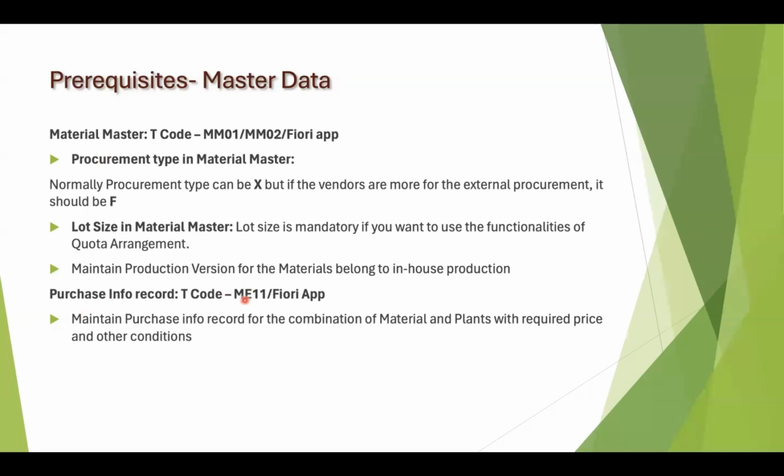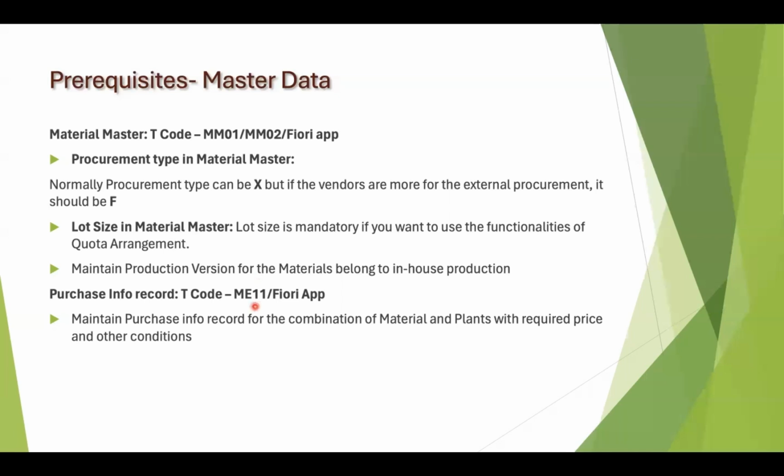Then the info record needs to be maintained, because the info record will give the price and all the information. The info record needs to be maintained to have that proper quota, because your quota arrangement is a top priority, right? So when you're maintaining that, the info record needs to be maintained like a source list fixed indicator.